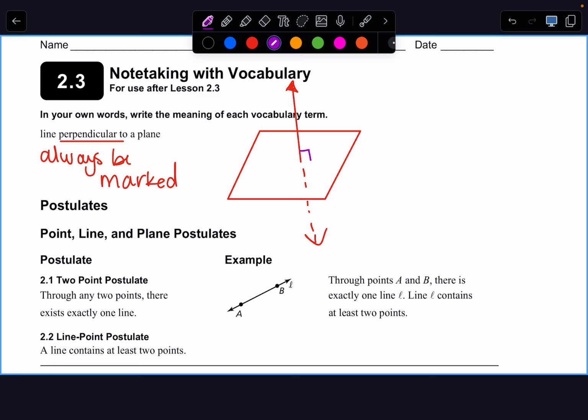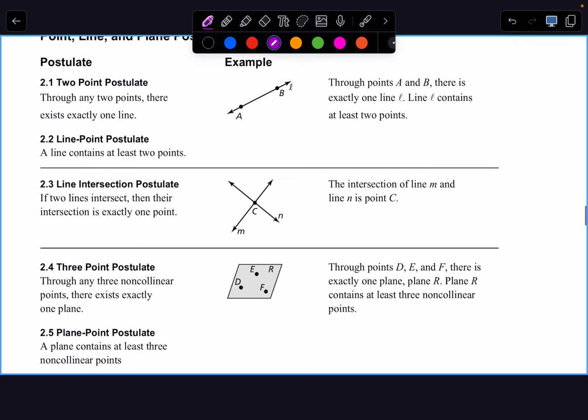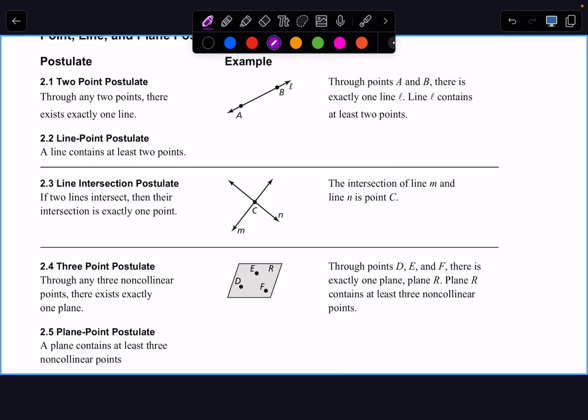Okay, so we're going to talk about a couple postulates. The 2-point postulate: through any 2 points, there exists exactly one line. So if there are 2 points, we know we can draw exactly one line through it.